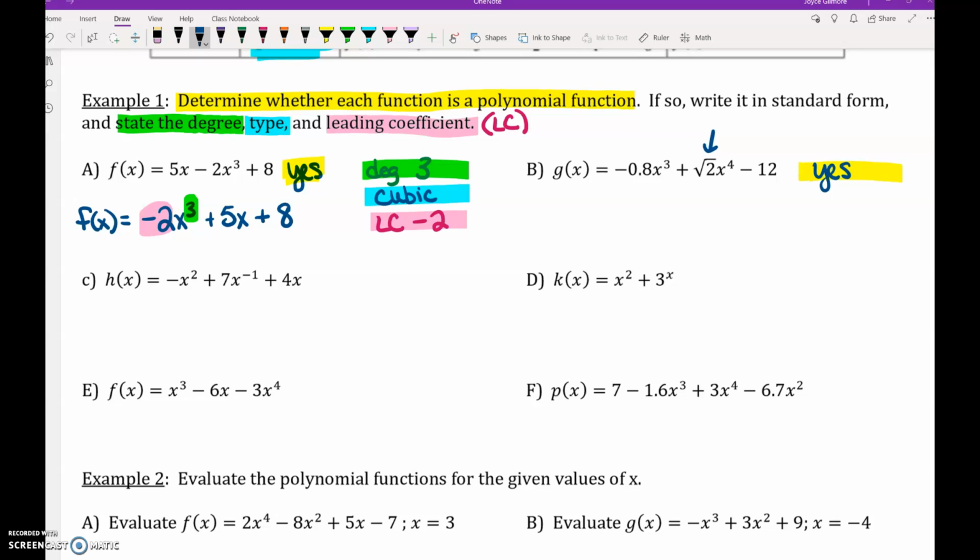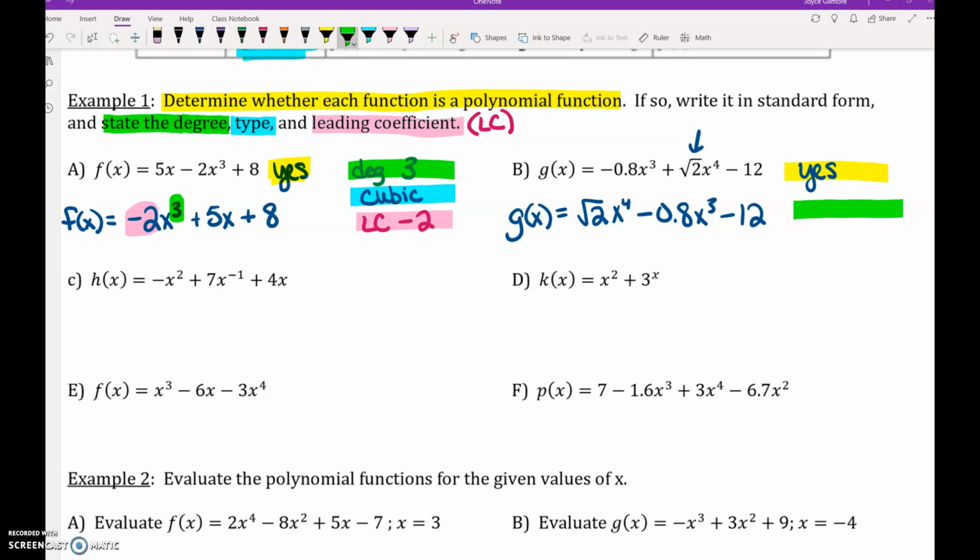The exponents are 3 and 4. Those are all positive whole numbers. So yes, this is a polynomial. It's a little bit weird that we've got the square root in there, but whatever. Write it in standard form. What's the first term we need to write? The square root of 2 x to the 4th. Then minus 0.8 x to the 3rd, minus 12.